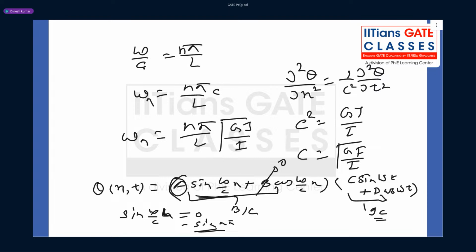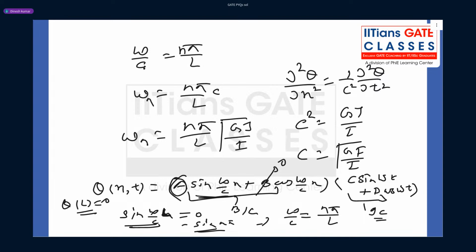So that's how from here you can see omega by c will be coming as n pi by L. Now guys, why have I substituted L for this x? Because I am using the boundary condition. What boundary condition? Theta at x equal to L is 0 boundary condition.